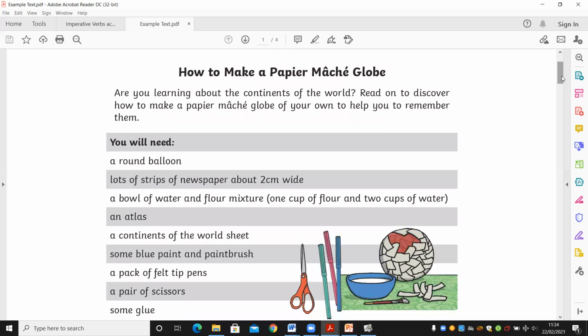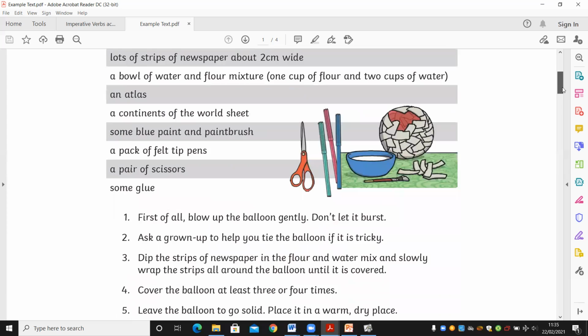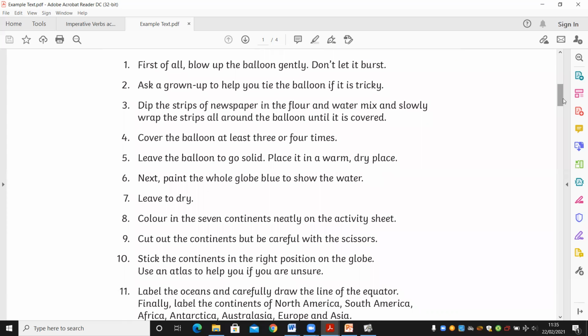Now, children, looking at all our instructions, one of your tasks yesterday was to identify all the verbs. All the verbs. And you had to highlight them in green. Children, can you think which part of this instructional text were all your verbs in? Did you find all your verbs in the title, the introduction, the list of items you need, or in the steps to follow?